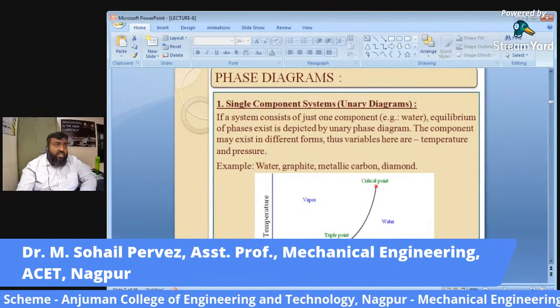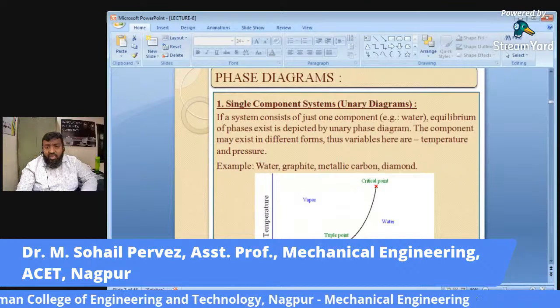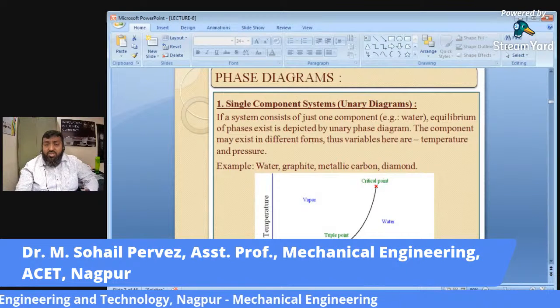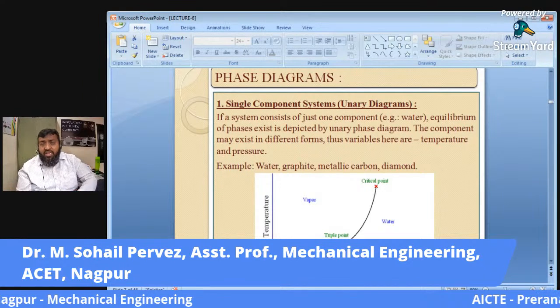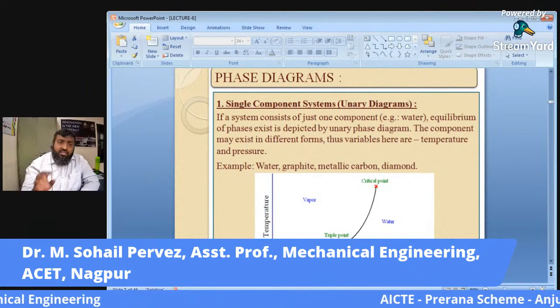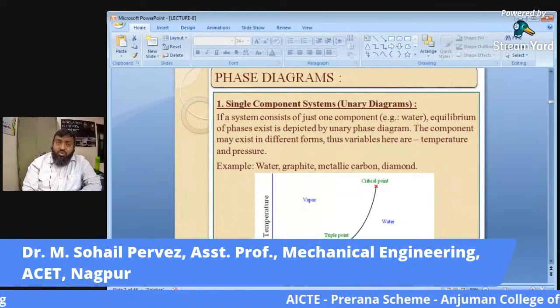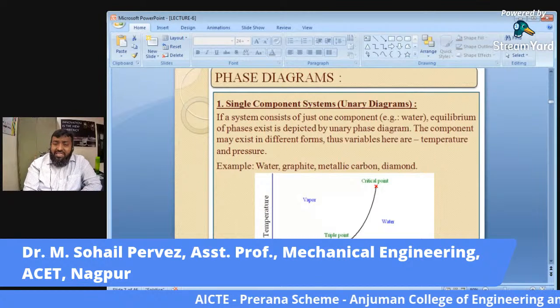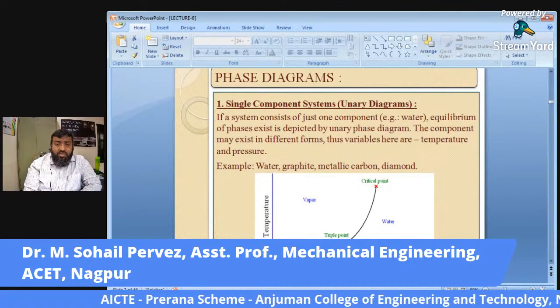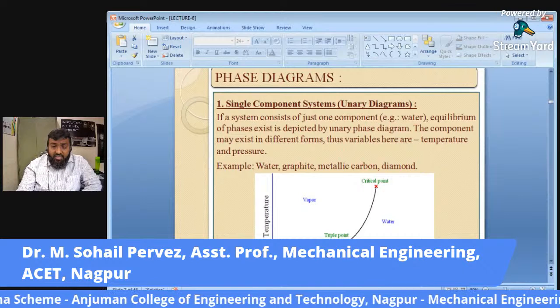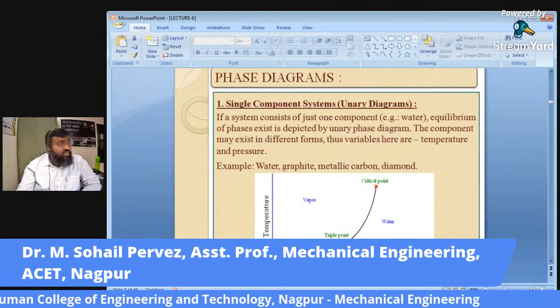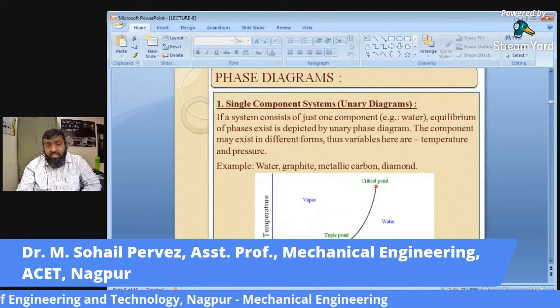Since it is a unary system, we are not very much inclined toward percentage composition. The moment we take binary diagrams or binary components, then percentage composition of the materials will come into the picture. Now, as we can see at this triple point, we have three different stages, this equilibrium point.